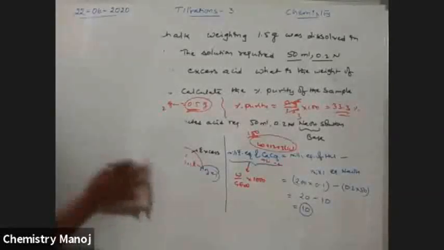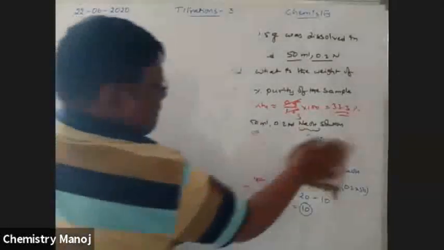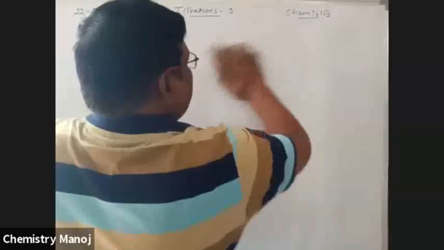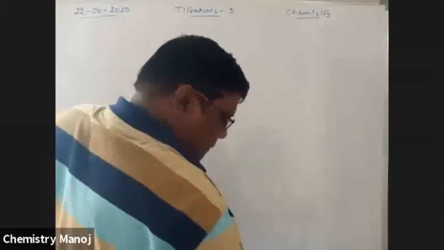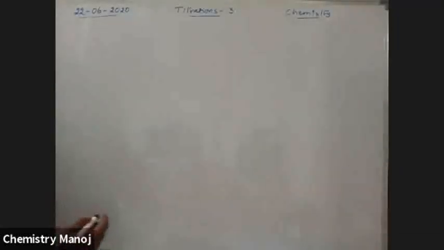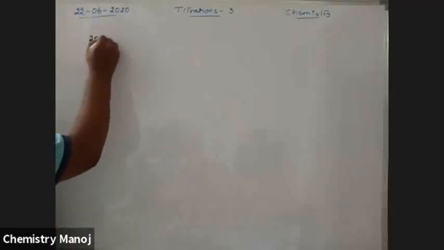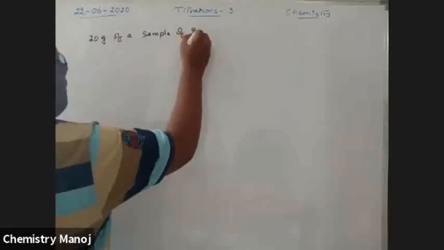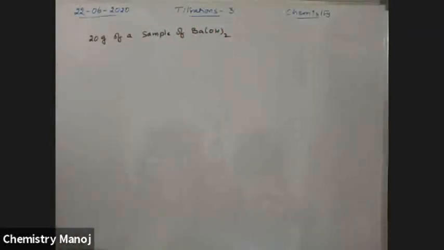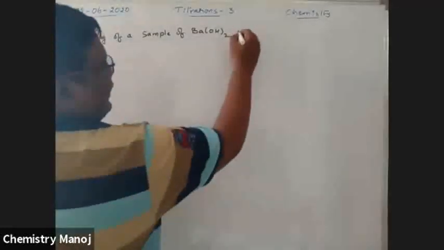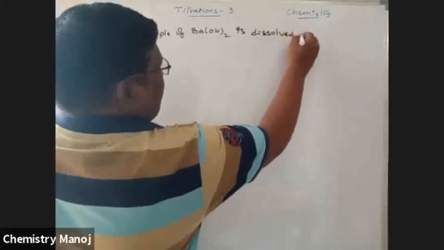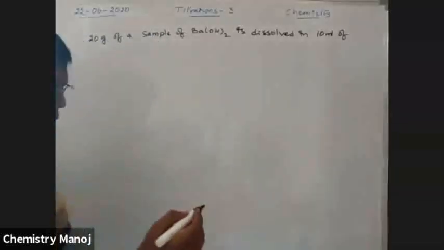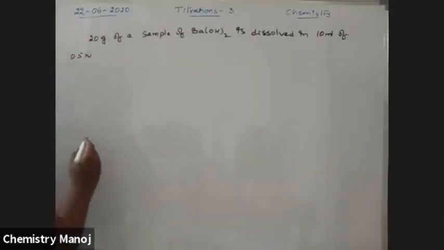I'm expecting your calculations. 20 grams of a sample of barium hydroxide is dissolved in 10 ml of 0.5 N HCl solution.